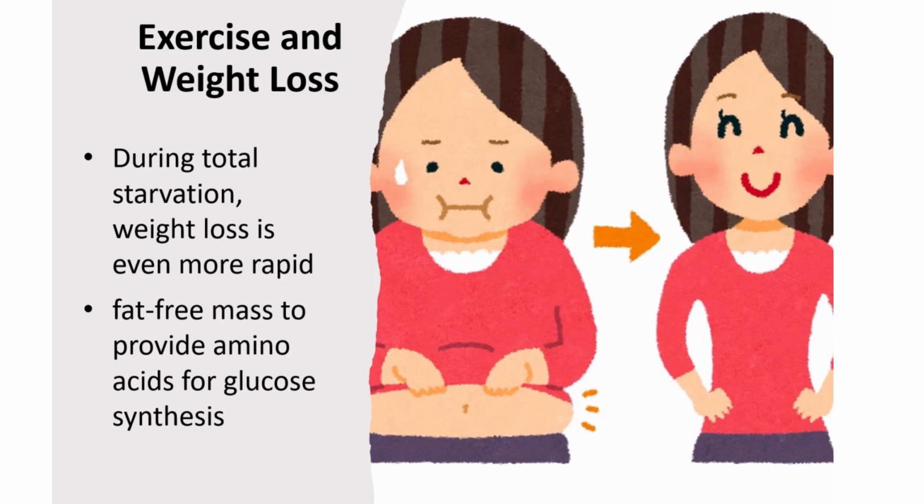Exercise also increases the energy expenditure. So a combination of a low energy diet and exercise should achieve more fat loss and less loss of fat-free mass than the diet alone. During total starvation, weight loss is even more rapid. Why? Because the energy deficit is greater, and partially because a higher proportion of weight loss is fat-free mass to provide amino acids for glucose synthesis.